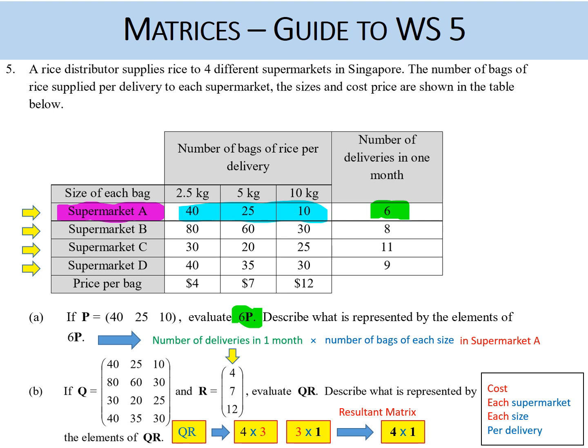The size will be the 2.5, the 5, and the 10 kg because of the 4, 7, and 12. And lastly, you notice in the table, the heading of the table already tell you is number of bags of rice per delivery. So therefore, in your description, you do need to ensure that these are the keywords that you do need to mention in your answer. And the words that are highlighted in red, make sure you also mention this in your presentation.